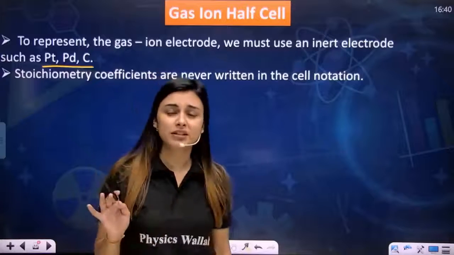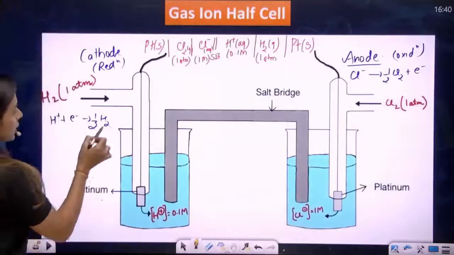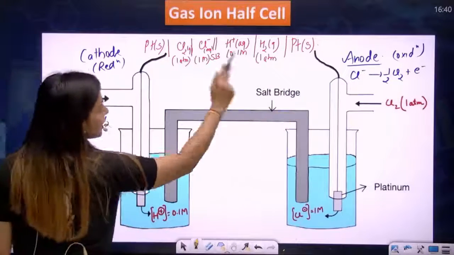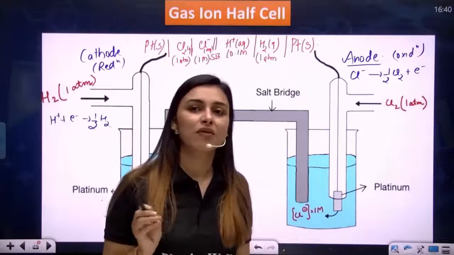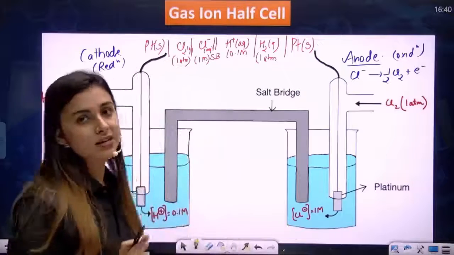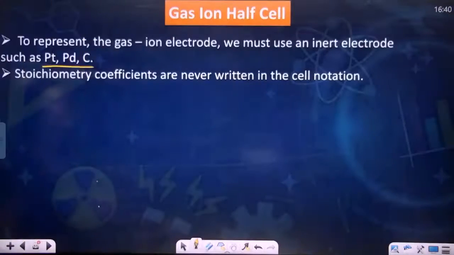Here you had half H2, but I haven't written half there. There you had half Cl2, and I haven't written half Cl2 there. Only the ions and the gases are written in the cell representation. So pause the video, write it. Let's move forward.